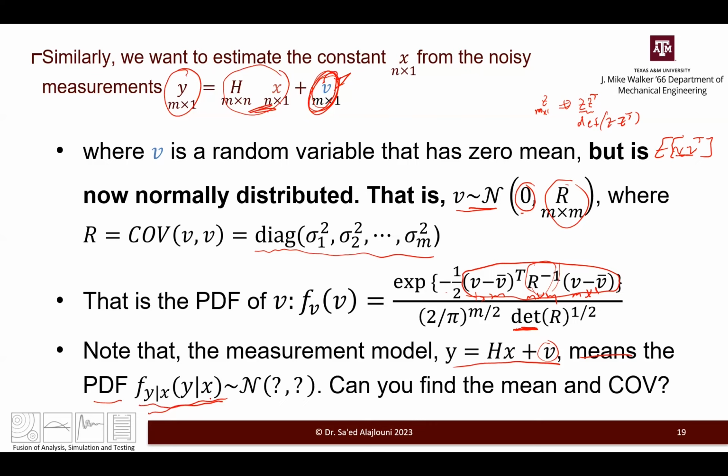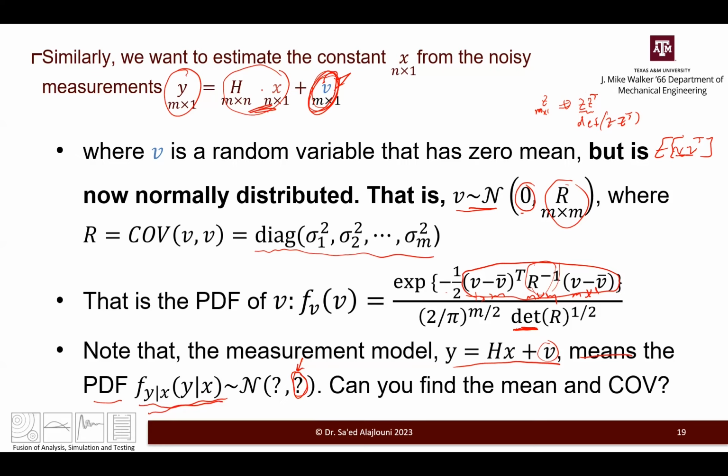But what would be the covariance matrix of Y? Again, this is Y given X. If I tell you I have a deterministic quantity, and I ask for its covariance... If I tell you this pen has a length of exactly 10 centimeters, and then I ask what is the variance on its length?